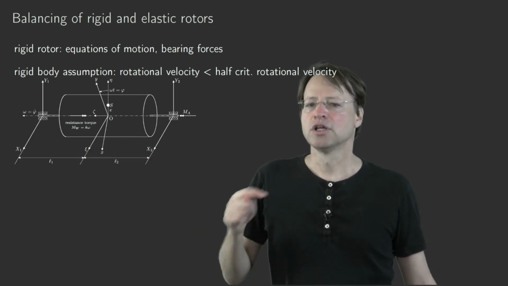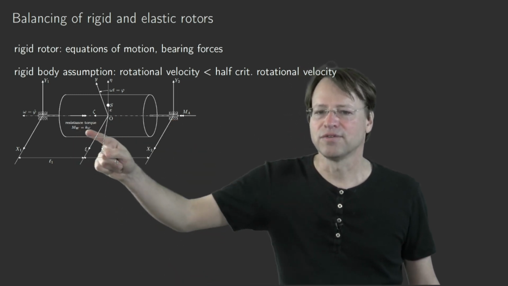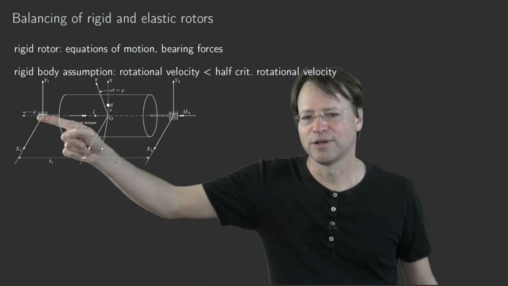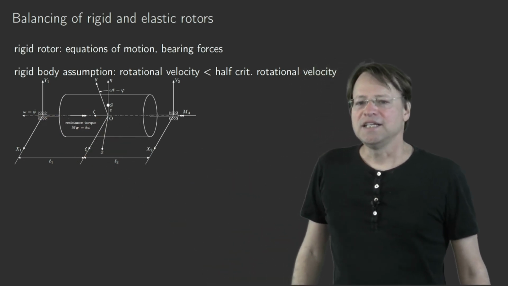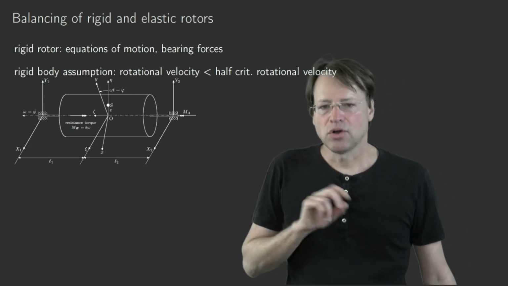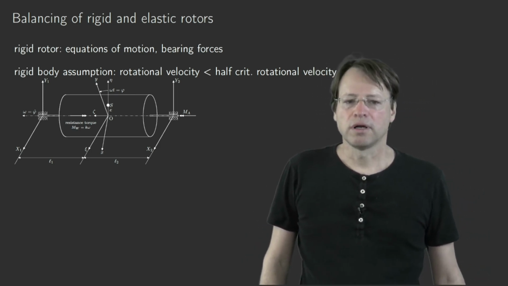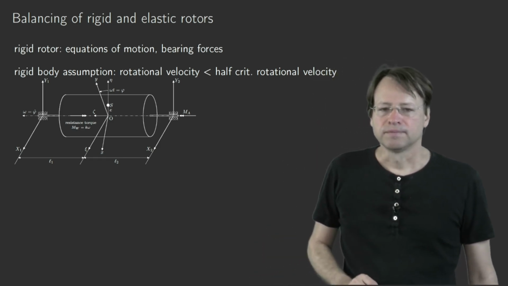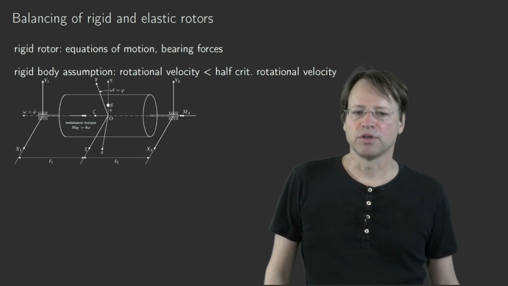So in contrast to our last video, I should point in that direction if you follow the zeta here. Psi, eta, and zeta are body-fixed coordinates. They are the coordinates that we will use for the principal axes of the mass moment of inertia.